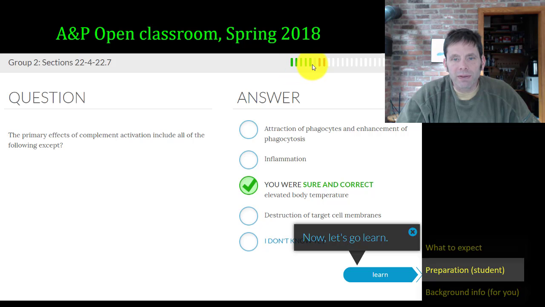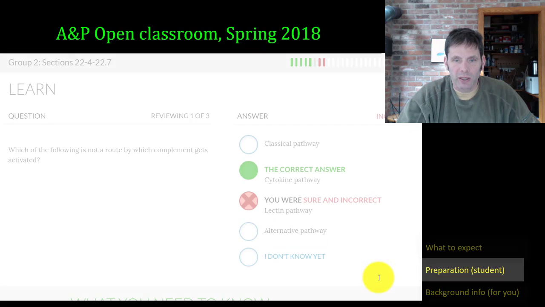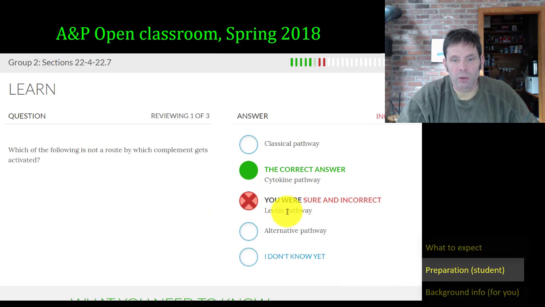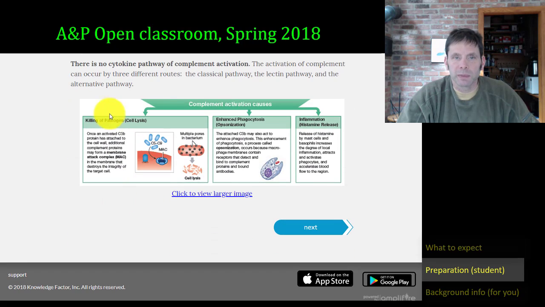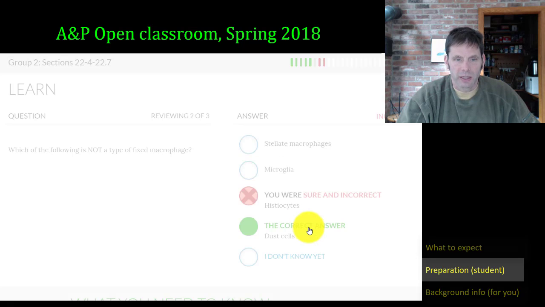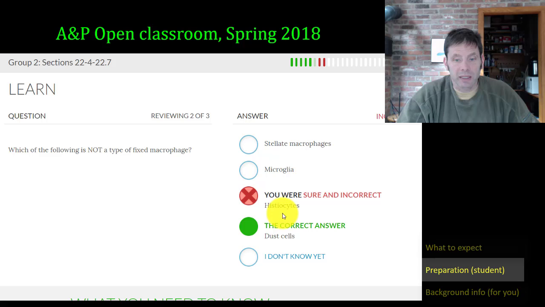I got 5 right, 1 I don't know, and 2 wrong. Now it's going to take me to learn in the chapter. And when I go and learn, it will tell me I was incorrect. It gives me the correct answer and takes me to what I need to know. Now that will happen for each of the incorrect questions.